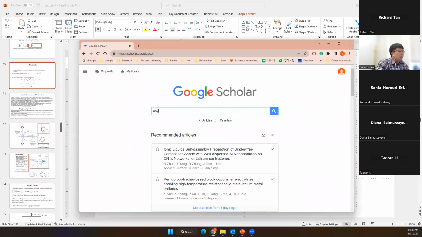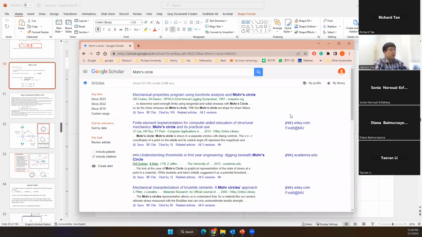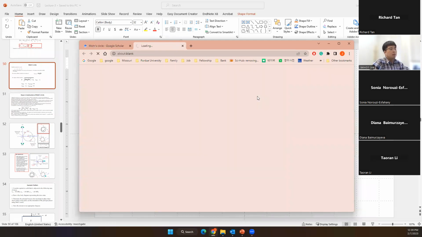Copy and paste. And then once you search it, you can get a lot of papers and just click one of them.